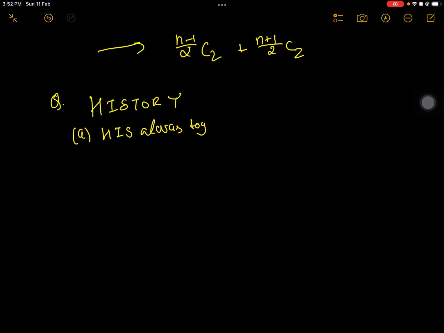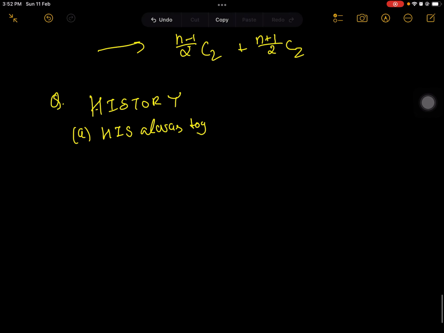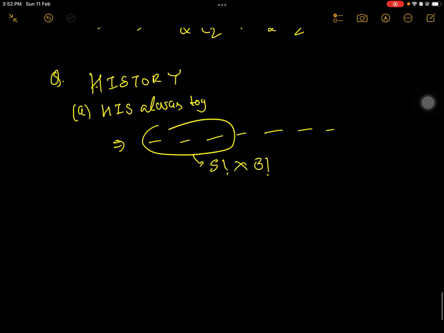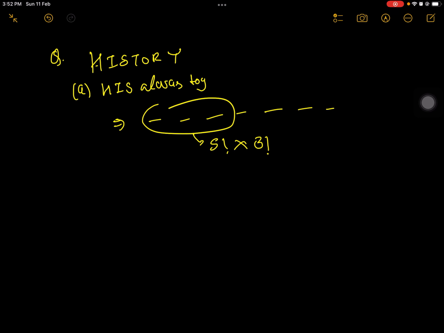So that will just be, and you have to arrange in how many ways? 1, 2, 3, 4, 5, 6, 7. Where we take HIS as one group. So it's 5 factorial ways and 3 factorial inside how you can move the HIS. Right.